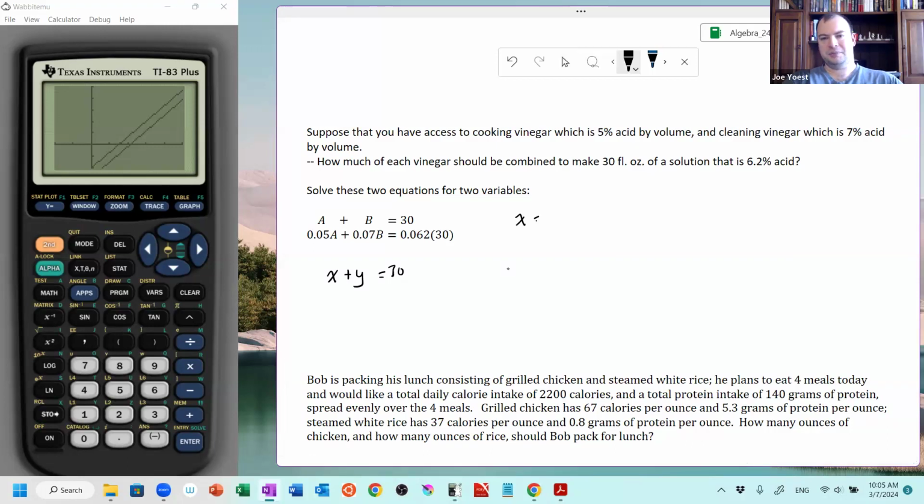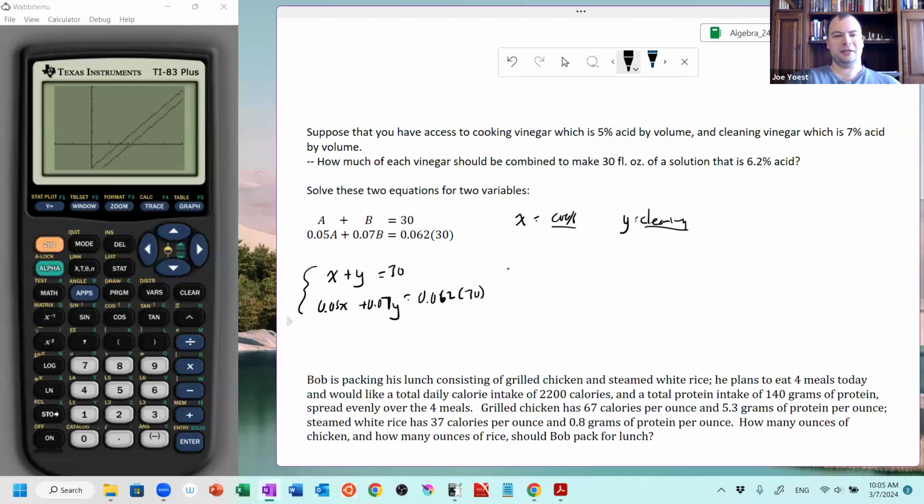Here x is going to be the cooking vinegar and y the cleaning vinegar, the amounts, and 0.05x plus 0.07y equals 0.062 times 30.